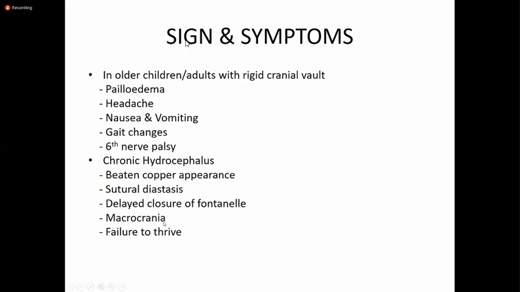There will be macrocrania, and there will be failure to thrive. So these are the signs and symptoms in older children and adults: papilledema, headache, vomiting, gait disturbances, sixth nerve palsy. And these are some of the signs of chronic hydrocephalus, like beaten copper appearance on the CT scan or X-ray, sutural diastasis, delayed closure of the fontanelle, and macrocranium.